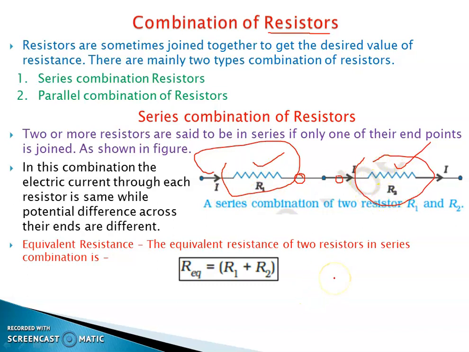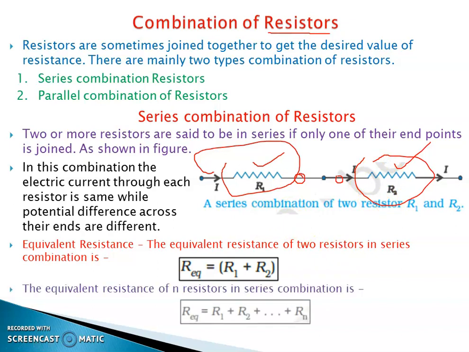So the potential difference may be different, but the current will remain the same. Second thing, if we are connecting a number of resistors in series, the equivalent resistance will be R equivalent equals R1 plus R2 plus R3 and so on, right?